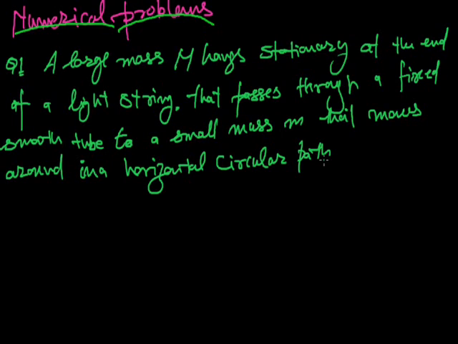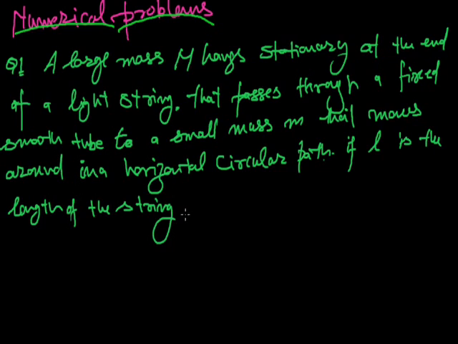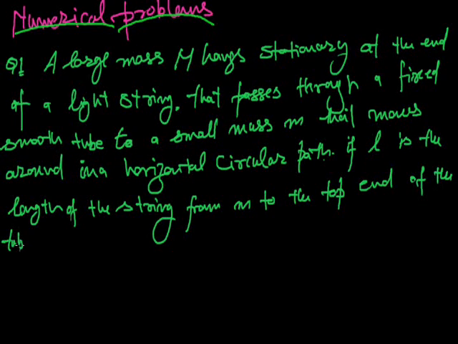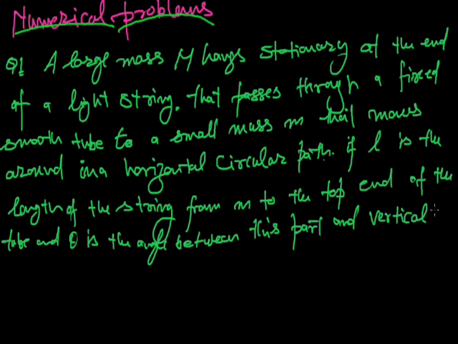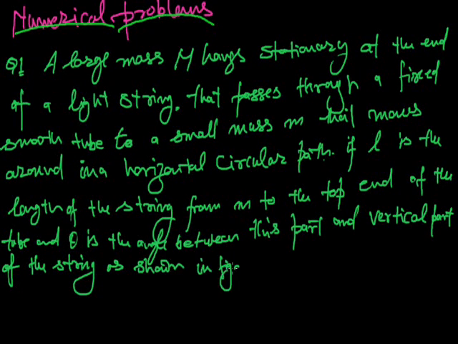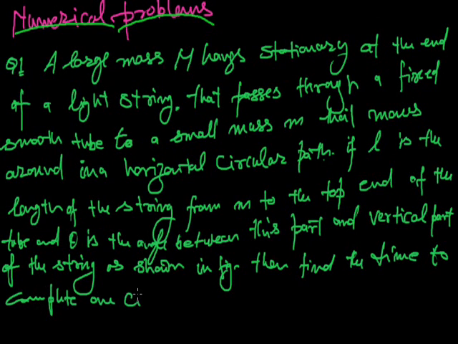If L is the length of the string from m to the top end of the tube and theta is the angle between this part and the vertical part of the string as shown in the figure, then find the time period, the time taken to complete one circle by small m.